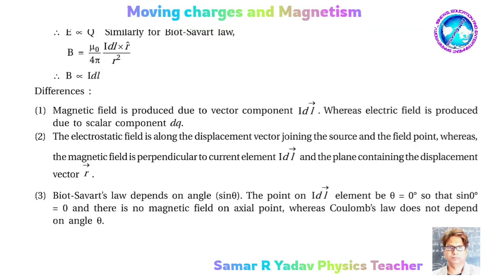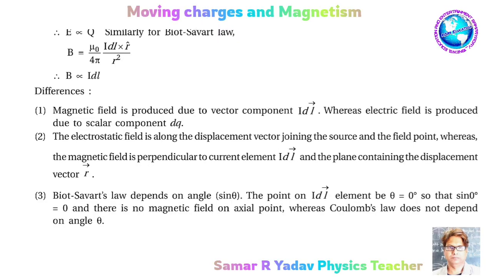Differences: first, magnetic field is produced due to the vector component I dl vector, whereas electric field is produced due to the scalar component dq. Second, the electrostatic field is along the displacement vector joining the source and the field point, whereas the magnetic field is perpendicular to the current element I dl vector and the plane containing the displacement vector R. Third, Biot-Savart law depends on angle sin theta.